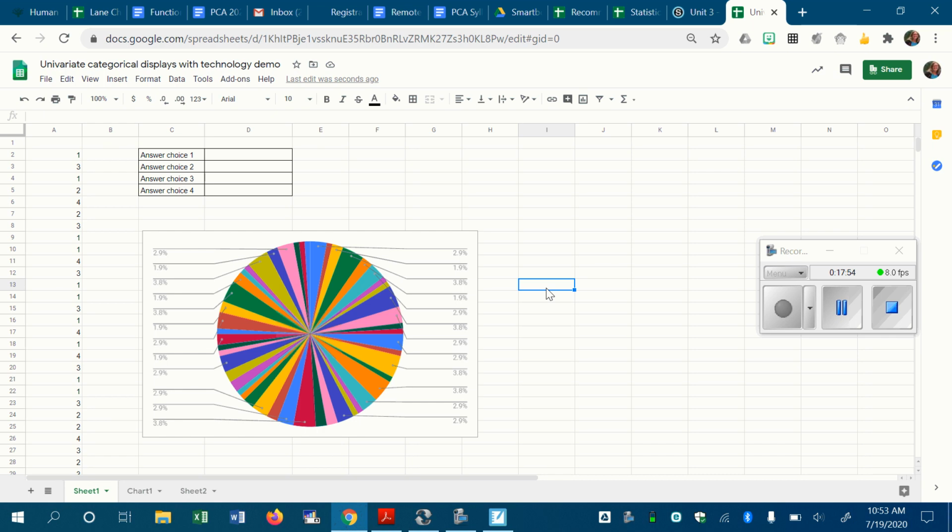So we should see 4 sectors at most, possibly less. Maybe there's 0 people who answer a particular thing. And then you'd have fewer than 4 sectors. But you certainly cannot have more than 4 sectors if you only had 4 categories. Okay? So I really want to drive that point home with you because I am sick of seeing graphs like that, honestly. Okay?